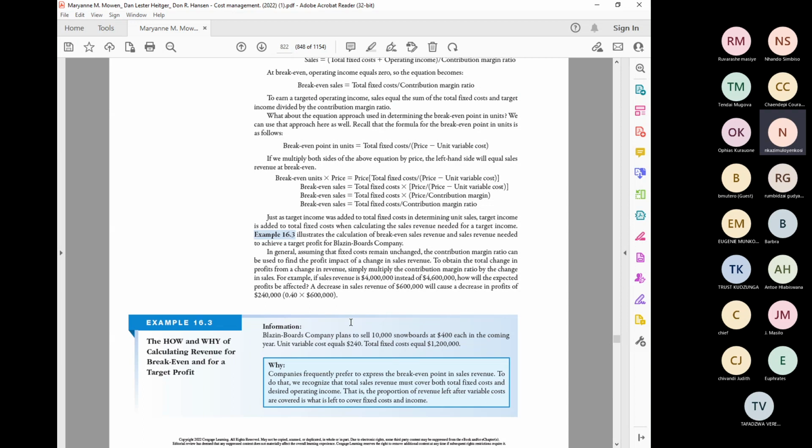In general, assuming that fixed costs remain unchanged, the contribution margin ratio can be used to find the profit impact of a change in sales revenue.